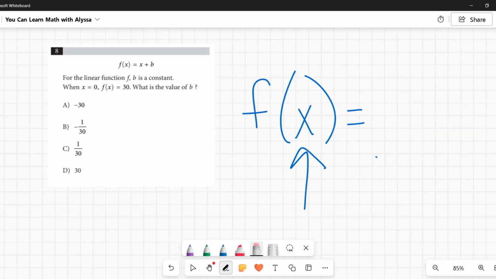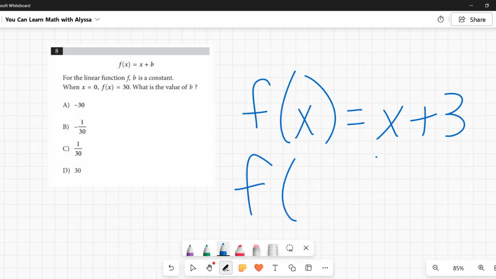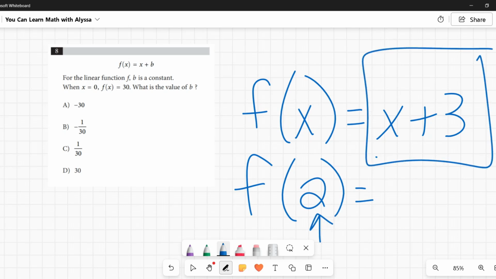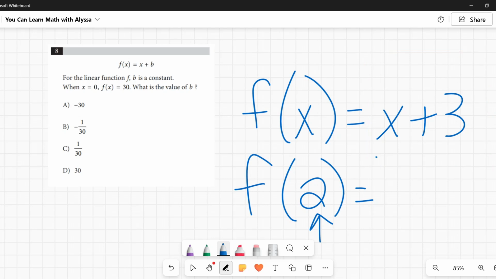So, for example, if I said x plus 3, and then I say, what is f of 2? It's saying, if x is 2, everywhere there's an x on the right side of this equation, I need to replace that x with a 2 and then do that math. So if I did that here, I replace that x with a 2, then I add 2 plus 3, and I get 5. So f of 2 would be 5.